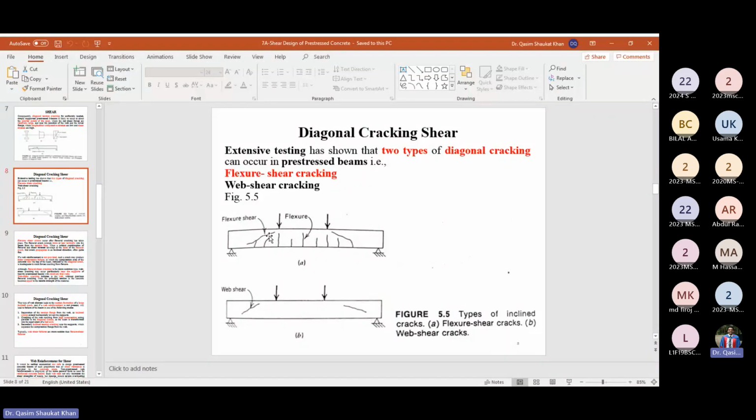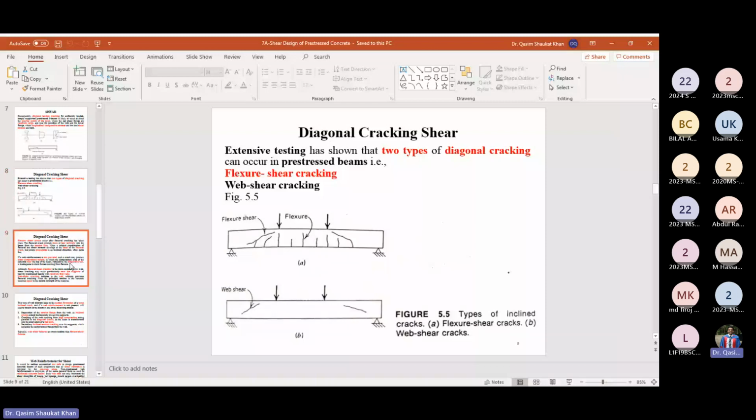The flexural shear crack, which was initially a flexure crack, then meets the shear and propagates in a more or less horizontal or flatter direction. The web shear crack, on the other hand, propagates at an angle of 45 degrees.